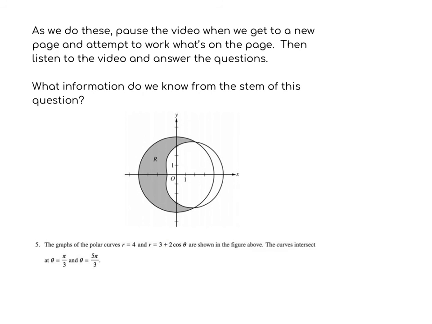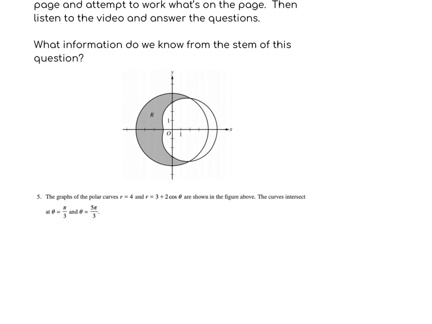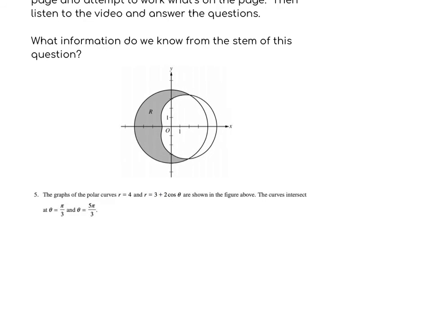We're given some polar curves, r equals 4 and r equals 3 plus 2 cosine theta. They intersect at pi over 3 and 5 pi over 3. So I can see we have this shaded region R, right in here.